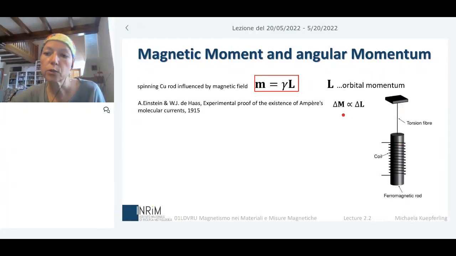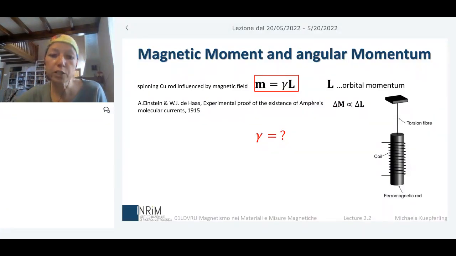And you can measure this. So you can measure the proportionality between the magnetization of this magnetic material and the angular momentum that you observe. And in this way, you can determine, of course, this proportionality constant gamma. This was really observed, and it was a very nice proof.